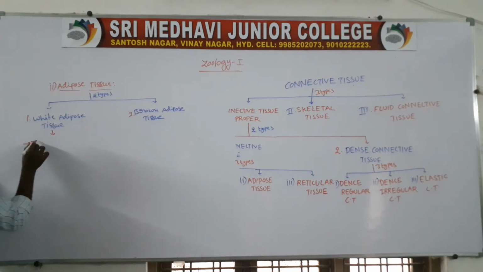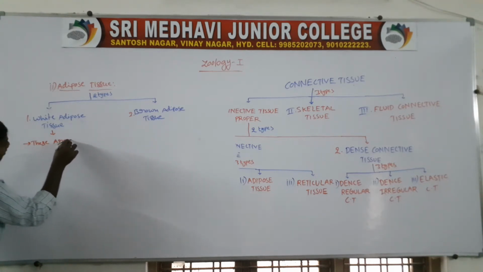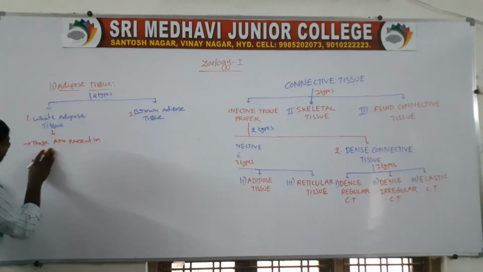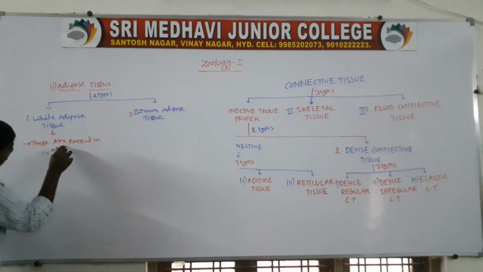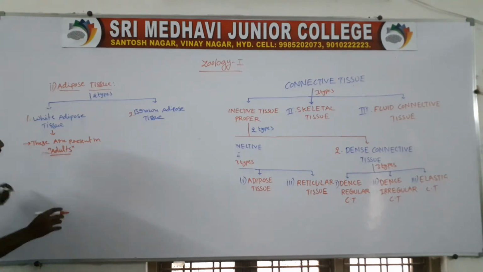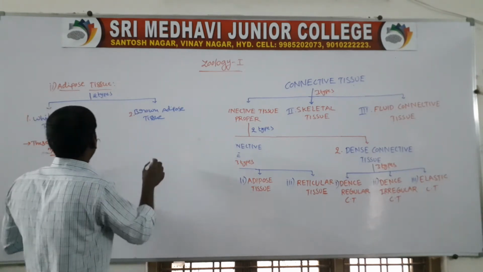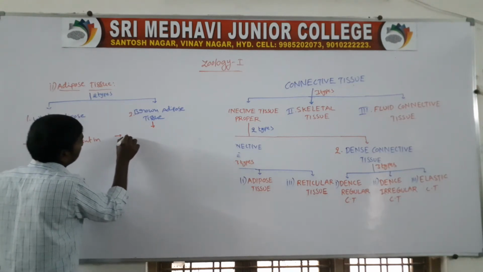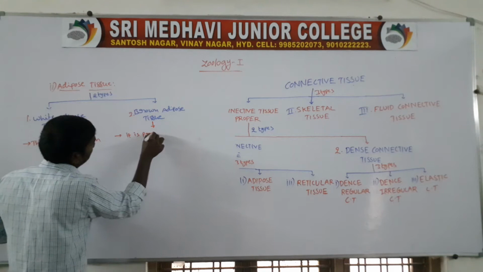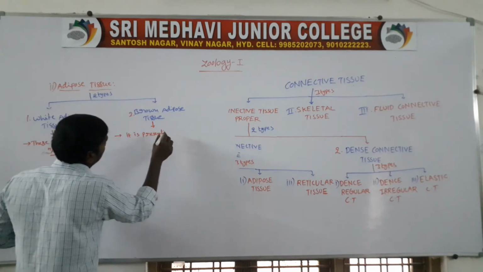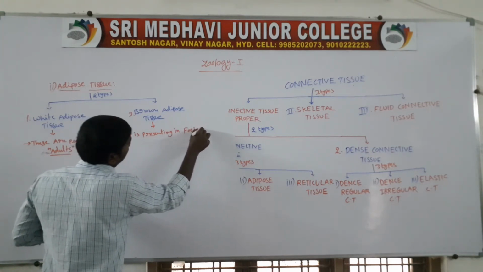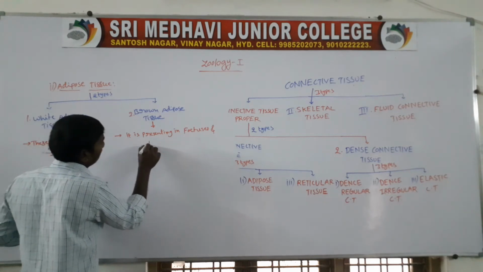First one, white adipose tissue is present in adults. Next one, the brown adipose tissue is present in the fetus and infants.